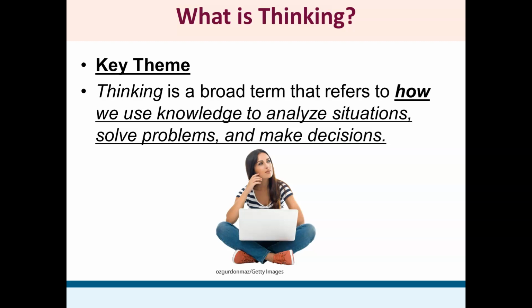It refers to how we use knowledge to analyze situations, to solve problems, and make decisions. Keep in mind that I highlighted that term how, and I underlined it, because we can't talk about thinking without discussing how we use our knowledge.